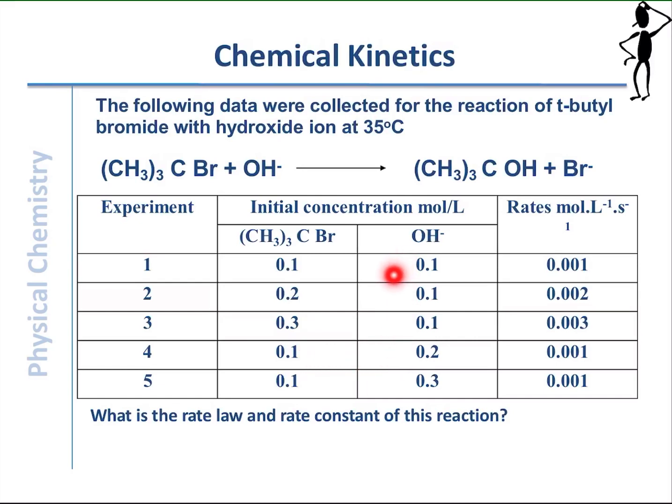What happened when the concentration of hydroxyl ion doubled? What happened to the reaction rate from experiment 1 to 4? And when you know the reaction order of both reactants, you can write the rate law and you can calculate the rate constant of this reaction.